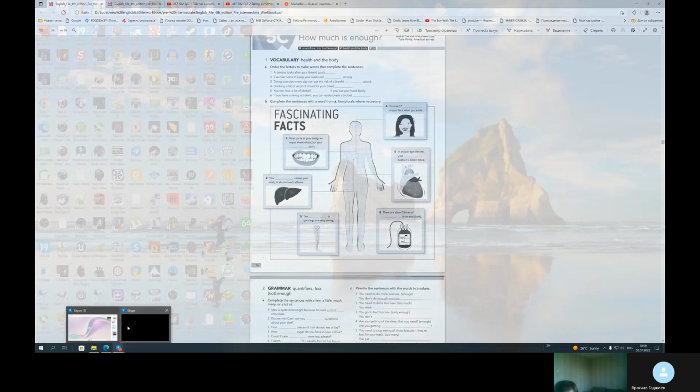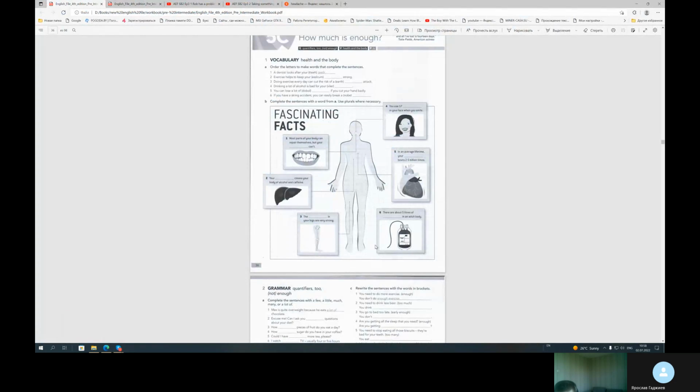Exercise B, page 36. Complete the sentences with a word from A. If you want to do exercise B, you should do exercise A first, so exercise B is closely connected with exercise A. Do you see it, Slav? Use plurals where necessary. In some cases, you should use the plural.